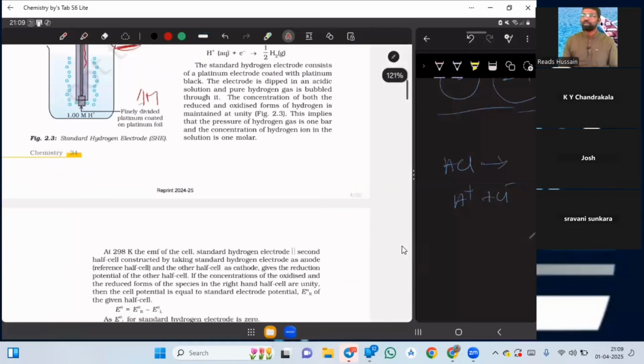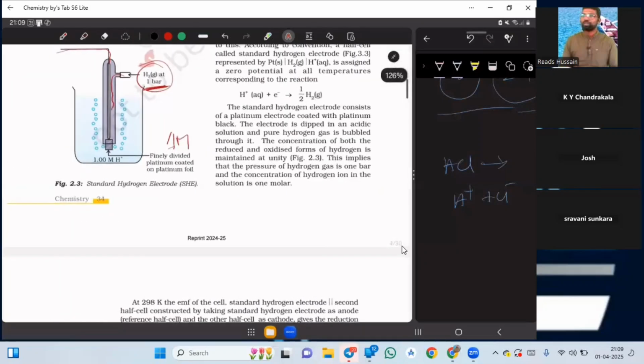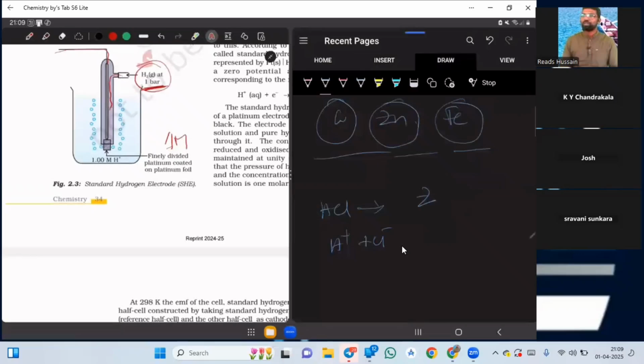Do you remember anything about this explanation? A few minutes back, in the beginning of this class, I told you when zinc metal atoms are in contact with zinc ions, there exists some potential difference. When copper metal atoms are in contact with copper ions, there exists some potential difference. Those potential differences are called electrode potential.